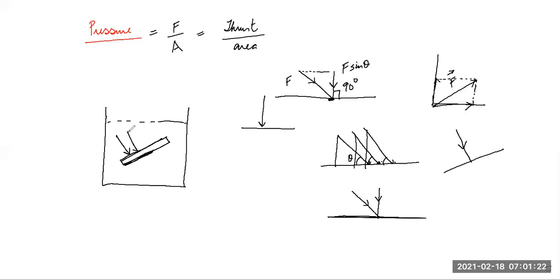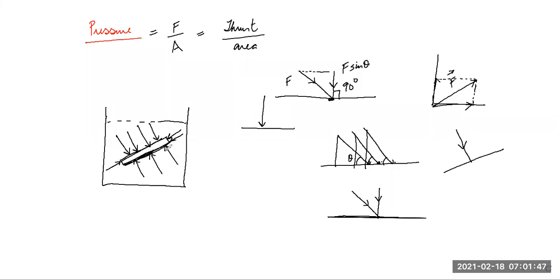Okay. So if this is an inclined surface, then interestingly, on this surface the liquid will exert force in this direction. On this surface, the liquid will exert force in this direction. On this surface, in this direction, and from the bottom, the liquid which is there below this surface will exert the force again at 90 degrees.